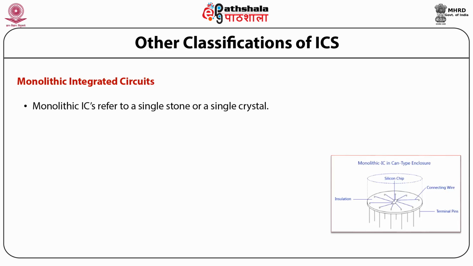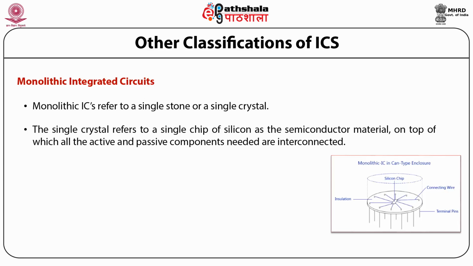Monolithic refers to a single stone or a single crystal. The single crystal refers to a single chip of silicon as the semiconductor material on top of which all the active and passive components needed are interconnected.